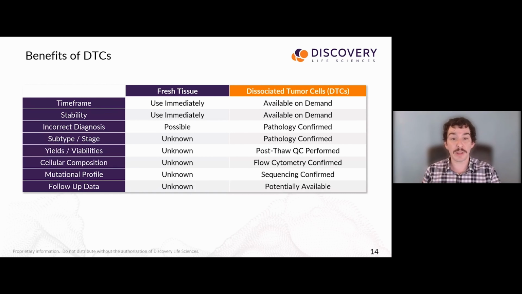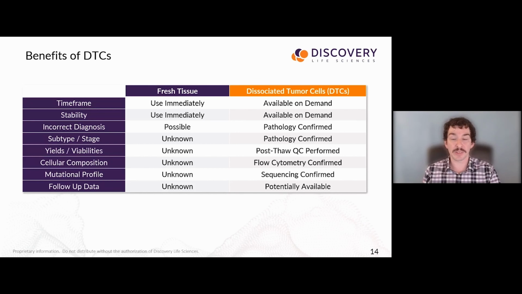Here at Discovery, we actually confirm the pathology from the patient tumor, and we run flow cytometry to assess the cell population composition within the cryopreserved DTC vials, so you know exactly what you'll be working with.